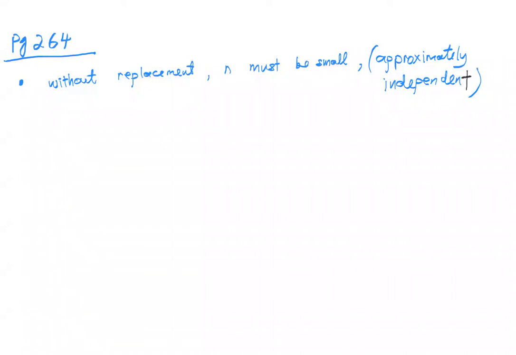For example, in my population, I have 100. The first one that I select, the probability of selecting is 1 out of 100, correct?